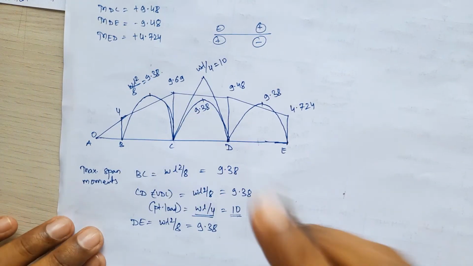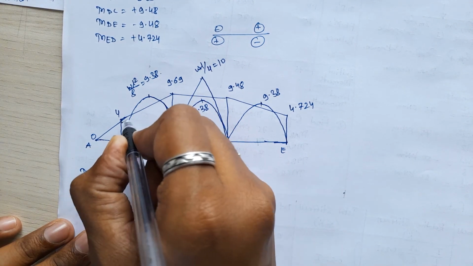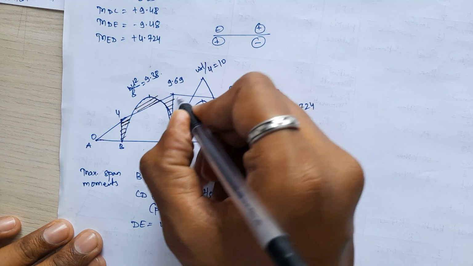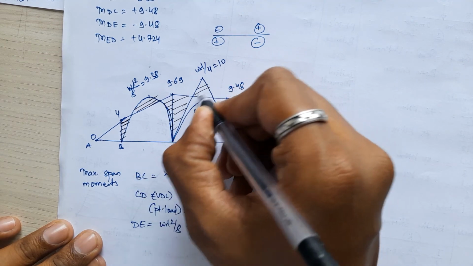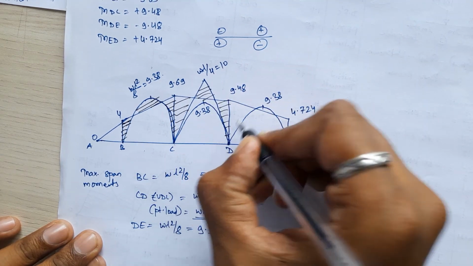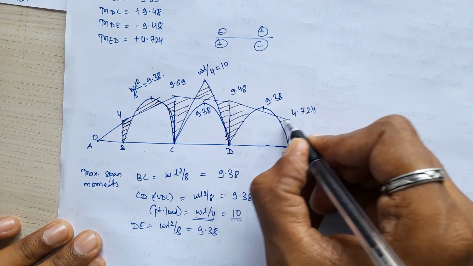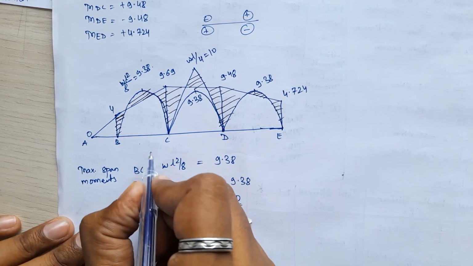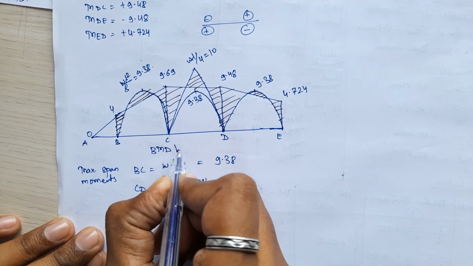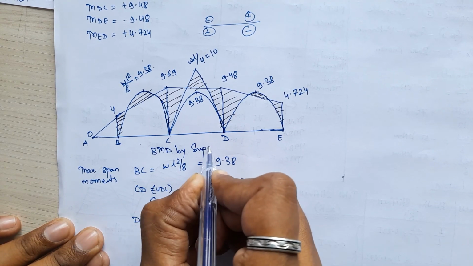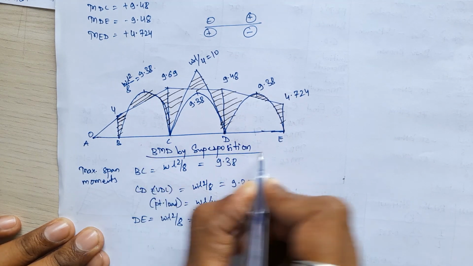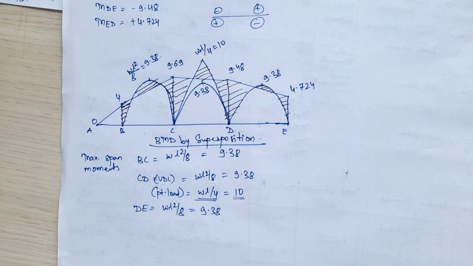And just what you have to do is shade your superimposed part over here. So this will be my final BMD by superposition.